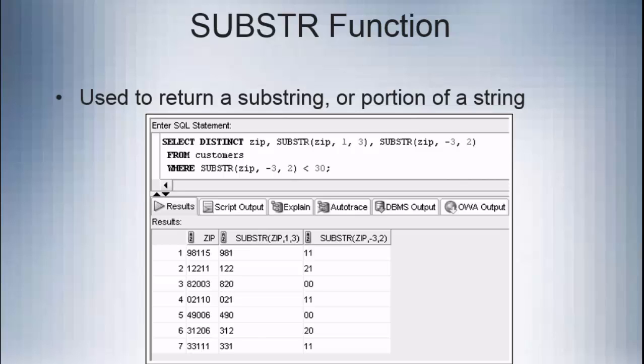So it's starting from the third from the last character and goes for a total of 2 characters. So in that first record, the last character is the 5, so it backs up 3 characters, 511. So starting with the first 1 for a total of 2 characters, it returns the value 11.